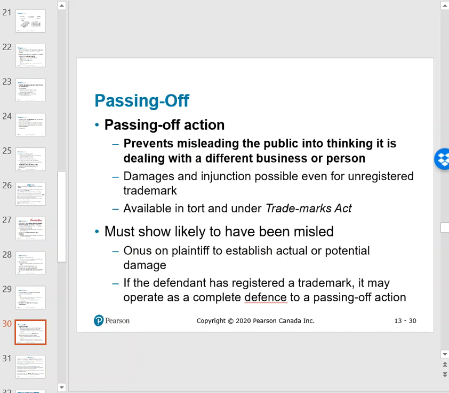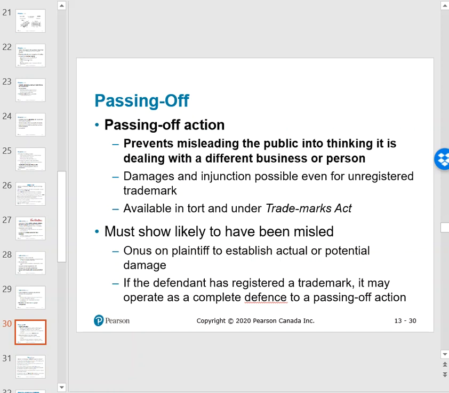However, if you have a brand name, you have not registered it as a trademark, but that name is famous. Consumers recognize your business for that name. But because it is not a trademark, you cannot sue them under the Trademark Act. So you would sue the infringer for the passing off tort.